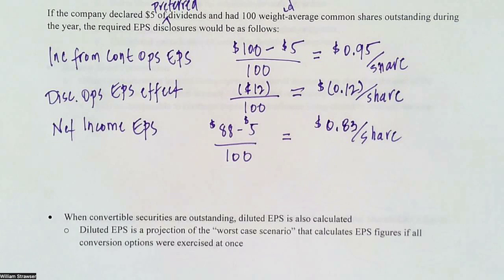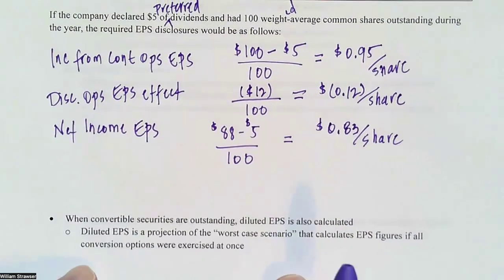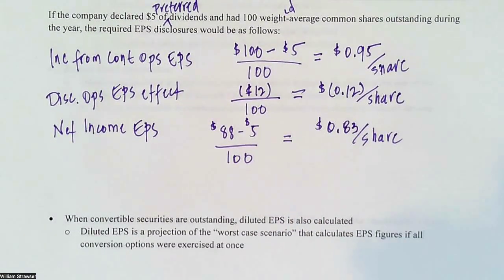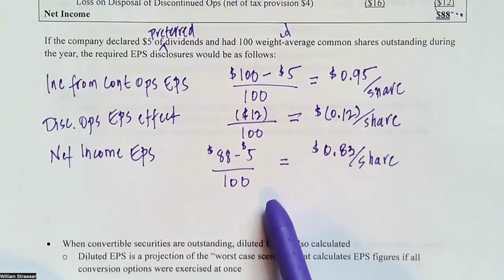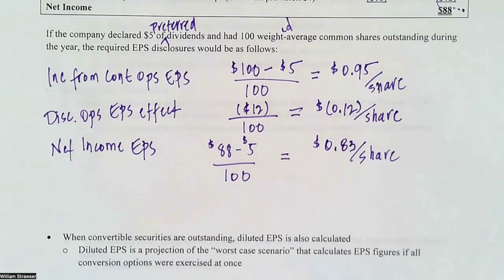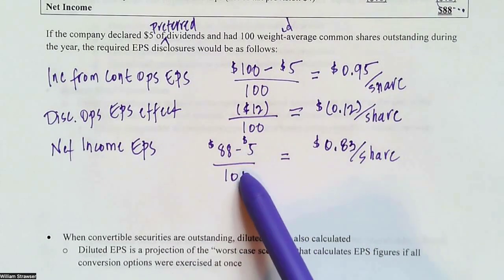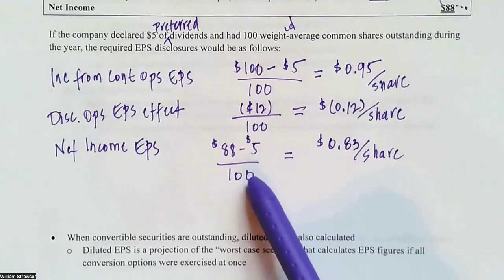So when those more complex securities are in the mix, we also have a measure that we calculate called diluted EPS. And what the dilution represents is that if those holders of those complex securities or those call options or those stock options are going to exercise their right to buy shares or to convert into common shares, then this denominator could blow up.